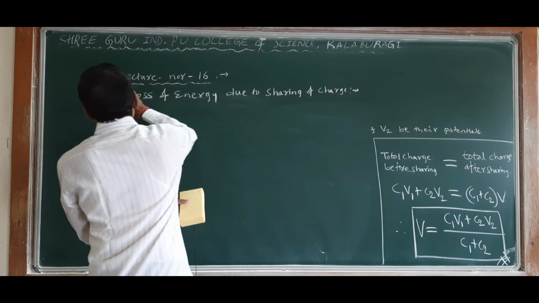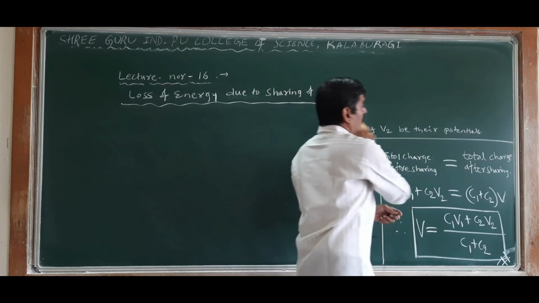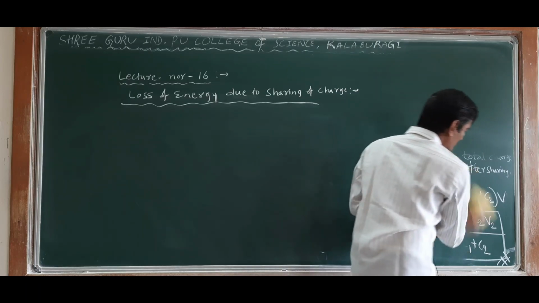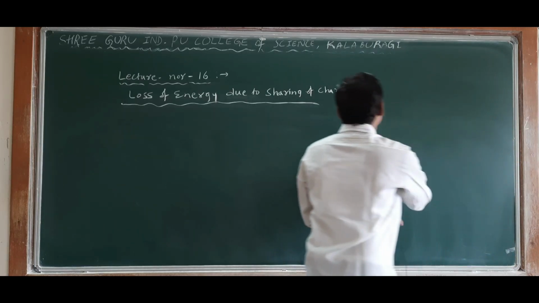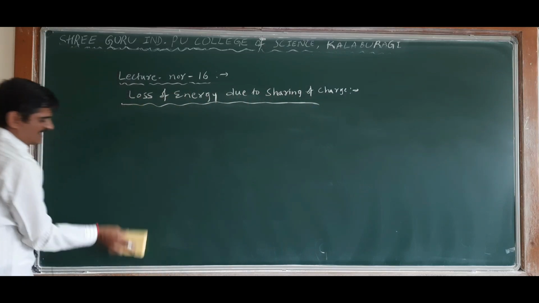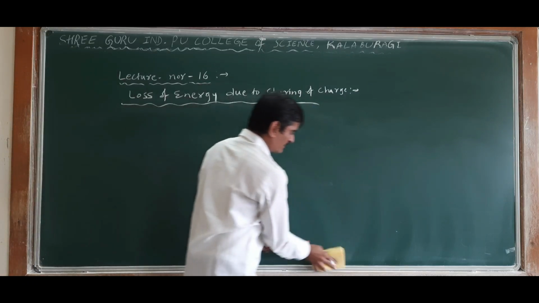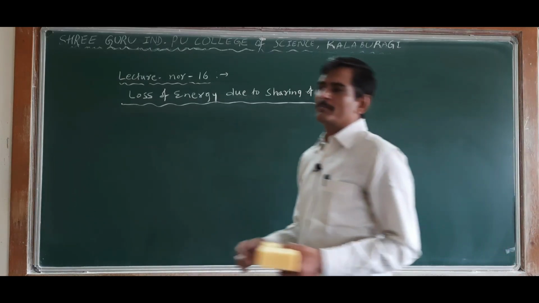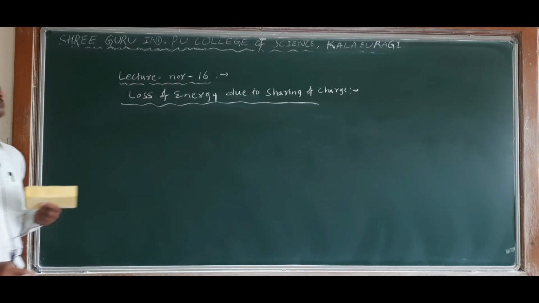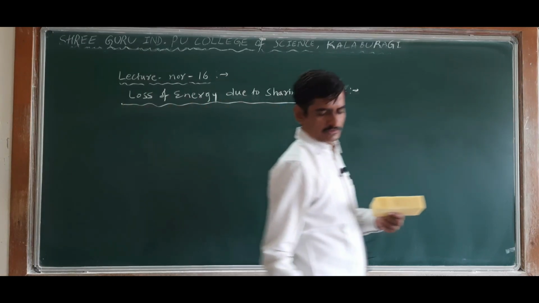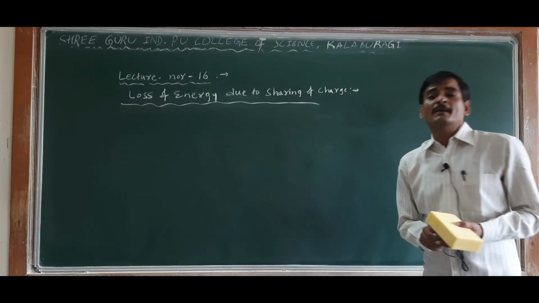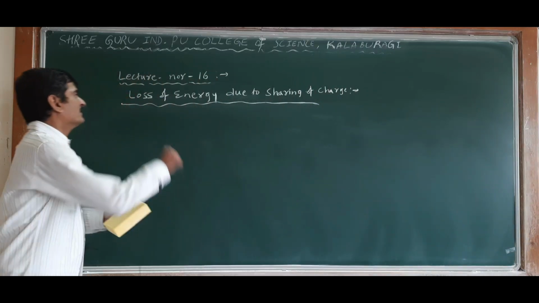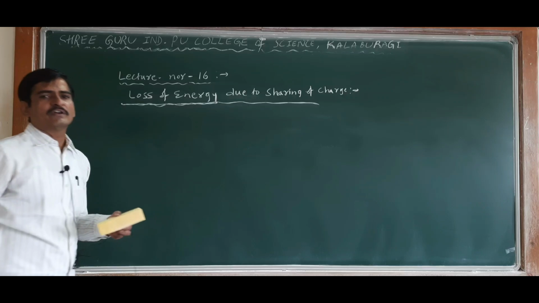Here, when two capacitors are charged to different potentials and they are connected in parallel by a metallic wire, there will be a sharing of charges without loss of charge. But there will be a loss of energy in the form of heat energy.